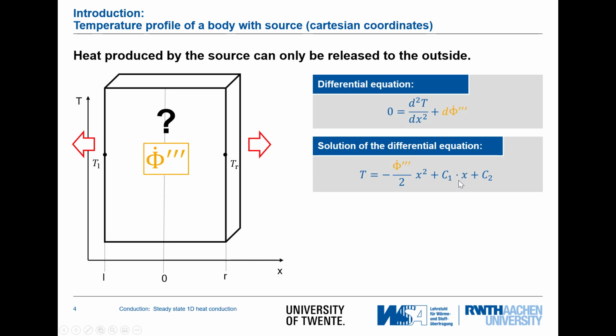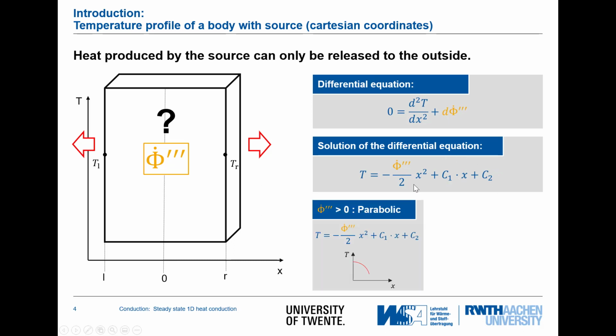So we have C1 times x plus C2. This will be a linear part. And we see that due to the parabolic and linear part, our equation is of parabolic shape. The temperature decreases from the center location towards the outside.